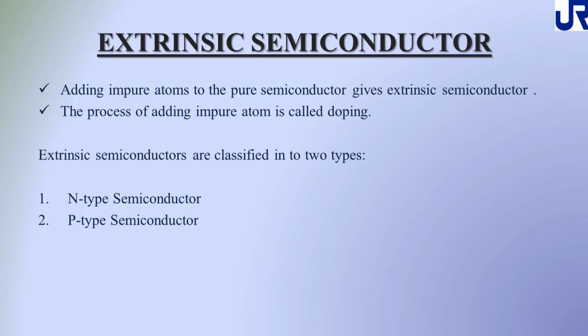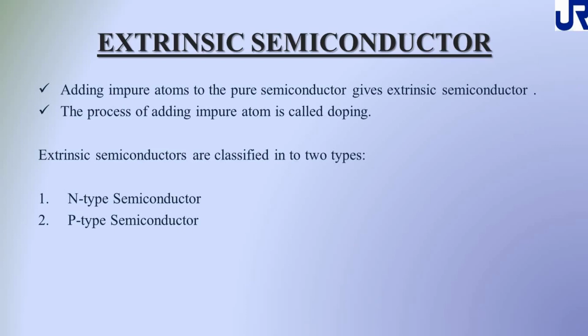Then next is the extrinsic semiconductor. When we add some impure atoms to the pure semiconductor, we get an extrinsic semiconductor. The process of adding this impure atom is called doping. So we add the impure or foreign atom into the pure semiconductor crystal, a pure silicon or pure germanium crystal.